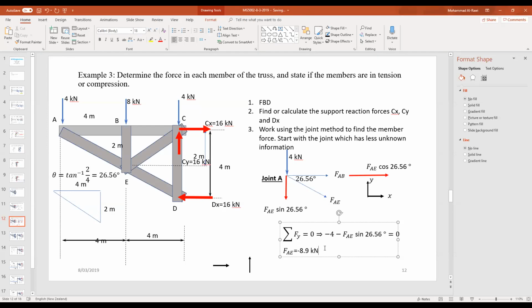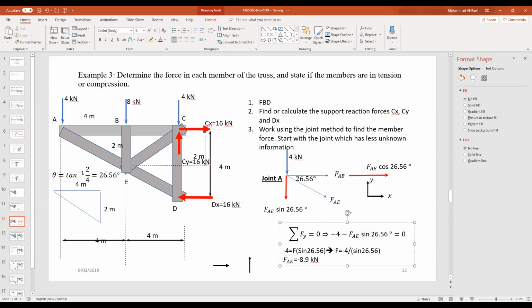So I'll write down the step-by-step equation. You will have minus 4 equals the force times sine 26.56. And then F is equal to minus 4 divided by sine 26.56, and that will give you the answer, which is minus 8.9 kilonewtons.